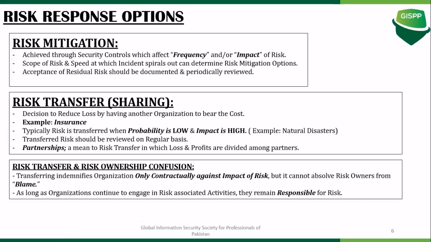So the choices for risk mitigation can be determined in part by the scope of the risk, or by the speed at which the incident can expand. So going back to the same example of traveling intercity through your own car. As I mentioned, if you realize that your car wheels had wear and tear on them, and you decided that you need to go for a replacement.